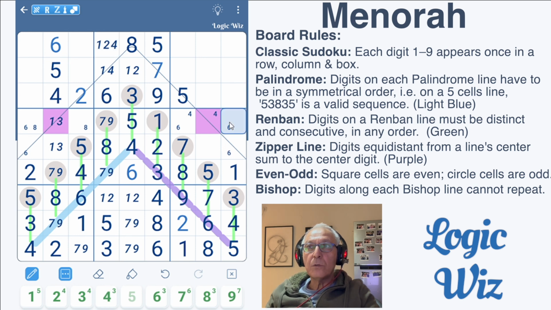Okay, so we cannot have 3 here, because we marked the purple one as a location of 3 on the bishop line. So 3 is in one of these two.